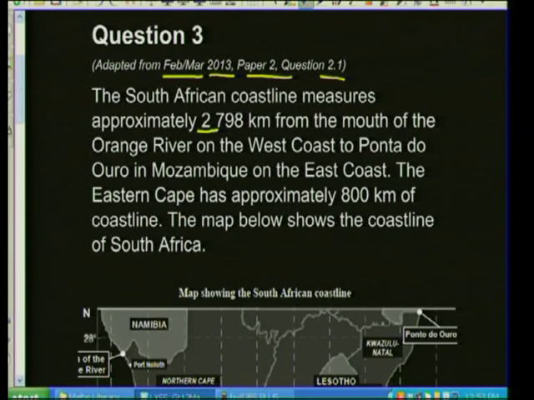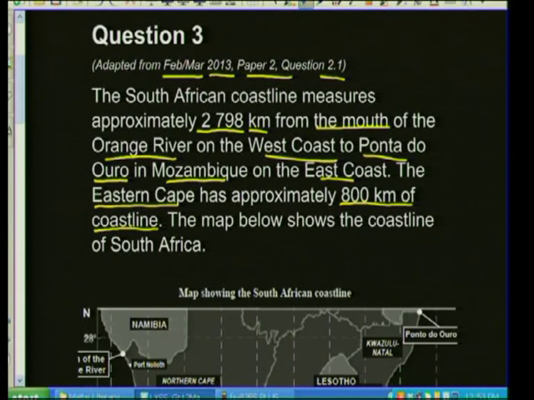The South African coastline measures approximately 2,798 kilometers from the mouth of the Orange River on the west coast to Ponta Douro, I can't pronounce that, in Mozambique on the east coast. The Eastern Cape has approximately 800 kilometers of coastline.